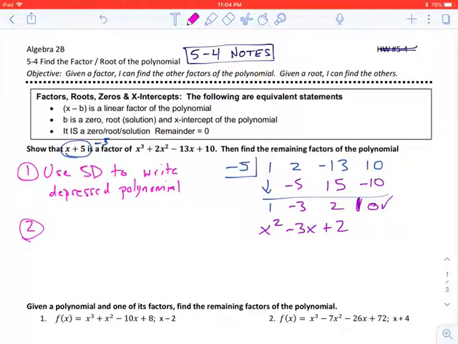But now we're going to take that and find the remaining factors, or use factoring to find the remaining factors.